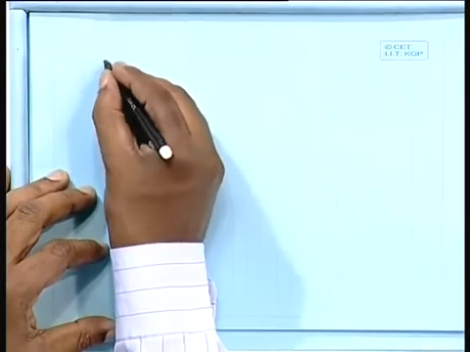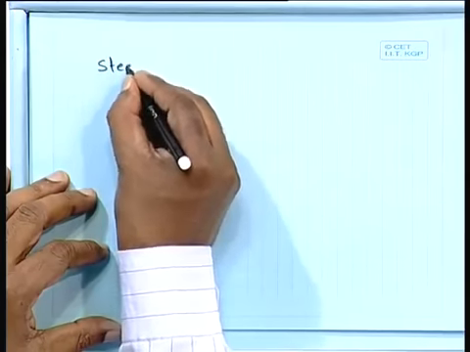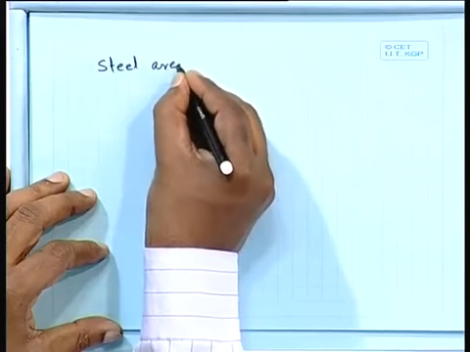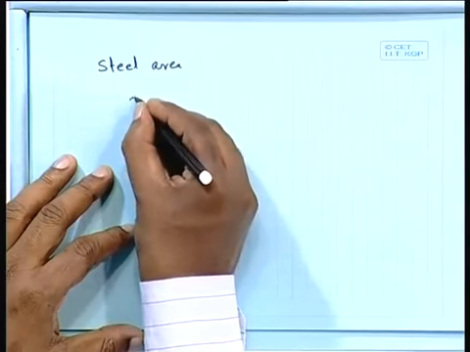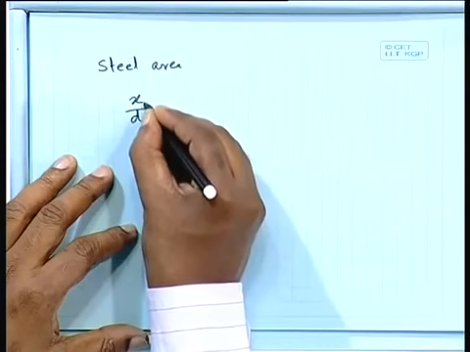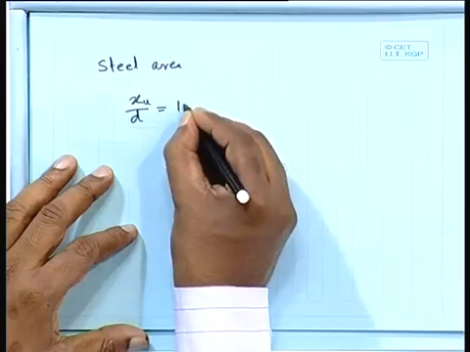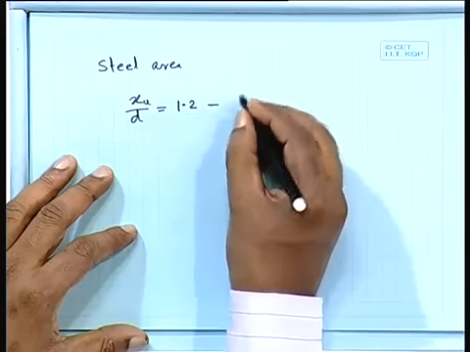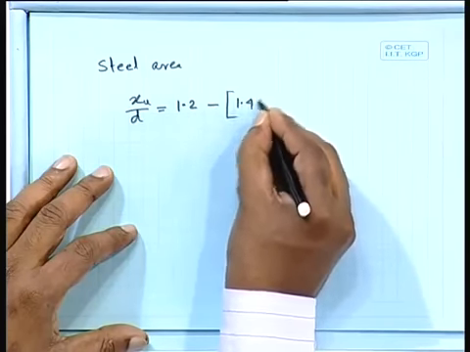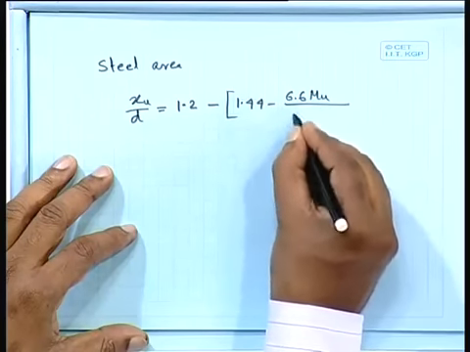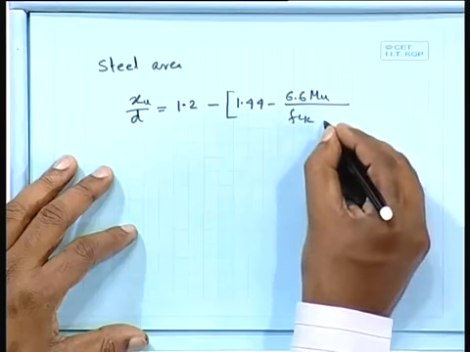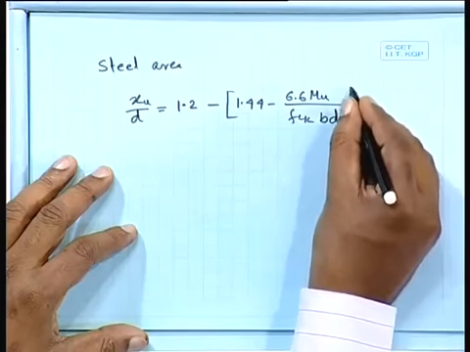Now we have to provide the steel area. So we can find out the same way, x by d, or xu by d, 1.2 minus root over 1.44 minus 6.6 Mu by FCK B d square.